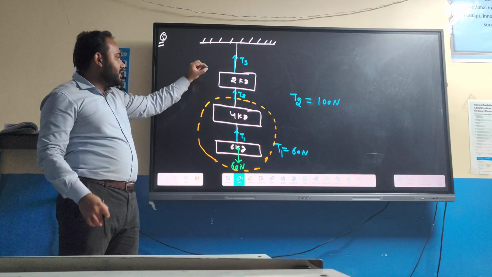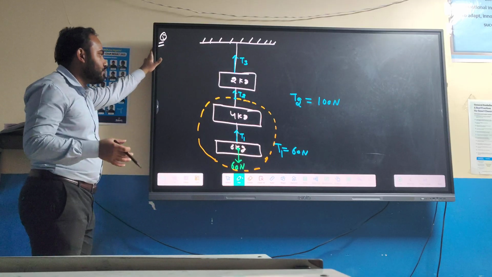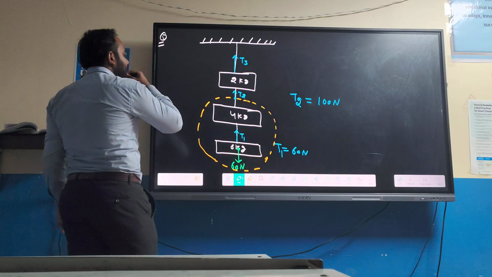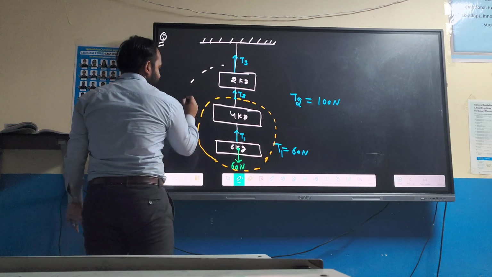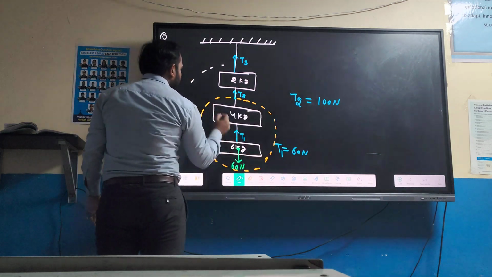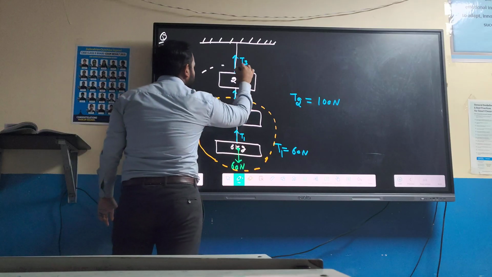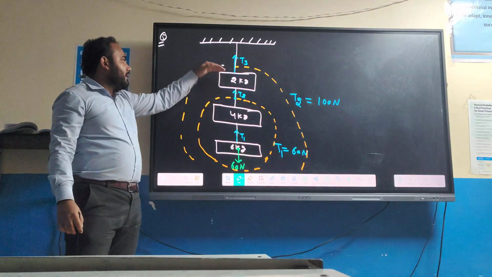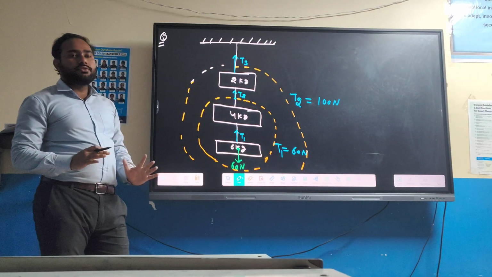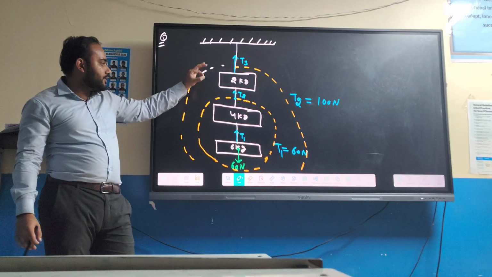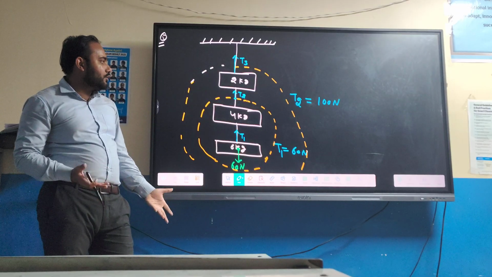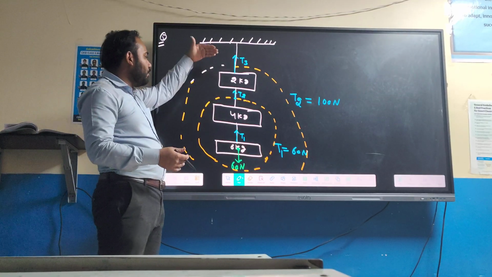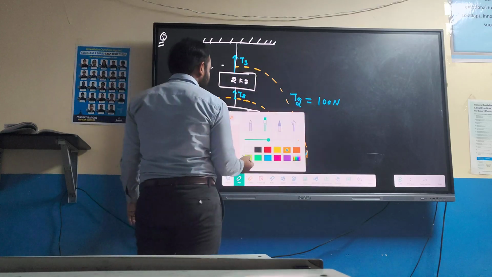To minimize the size of our solution, we will consider the 2 kg, 4 kg, and 6 kg as one system. Why will I consider 2 kg, 4 kg, and 6 kg as one system? Because we can see that all of them are in equilibrium, so we can consider all three bodies as part of one system.